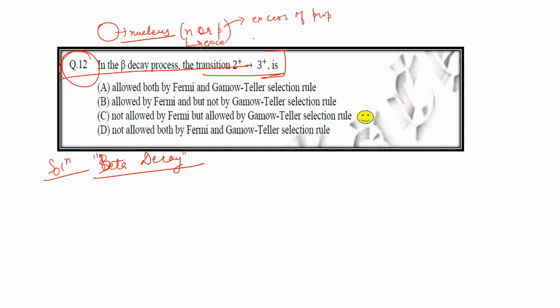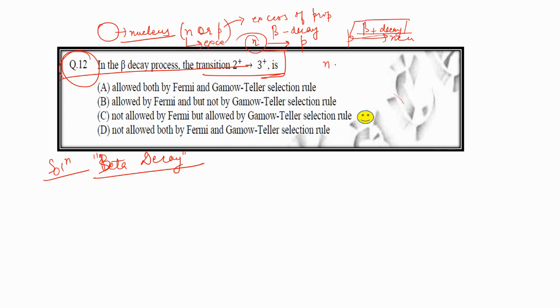So to achieve stability, if there are more neutrons, they will get converted into protons. This is known as beta negative decay. And if there is an excess of protons, they will get converted into neutrons, and this is known as beta positive decay.